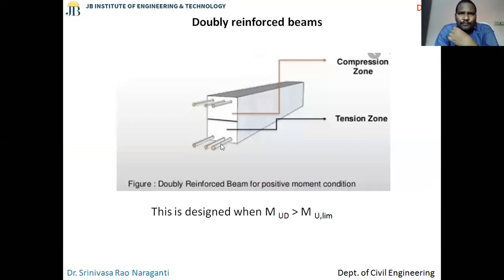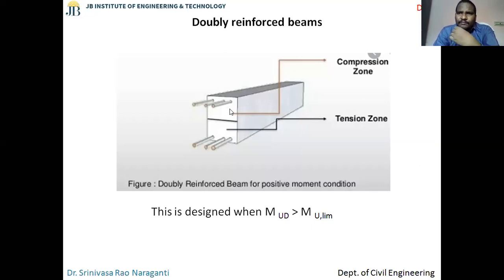In doubly reinforced beams, we provide main reinforcement in both faces. We call the area of steel in the tension zone AST, and the area of steel in the compression zone ASC. We'll design both of them.